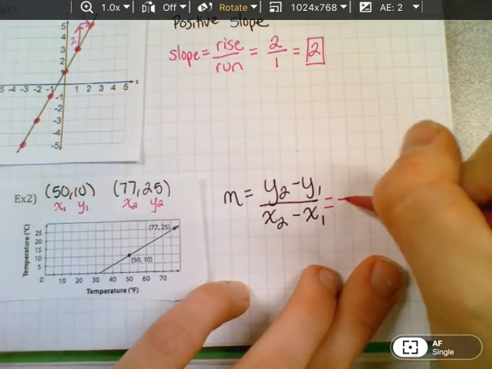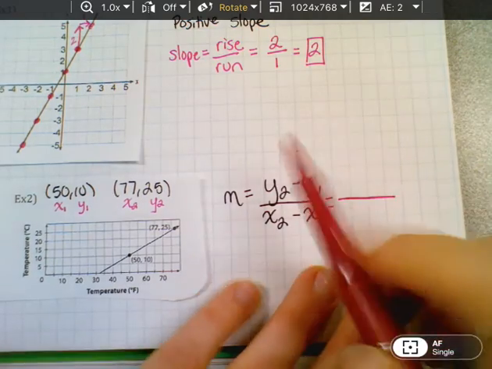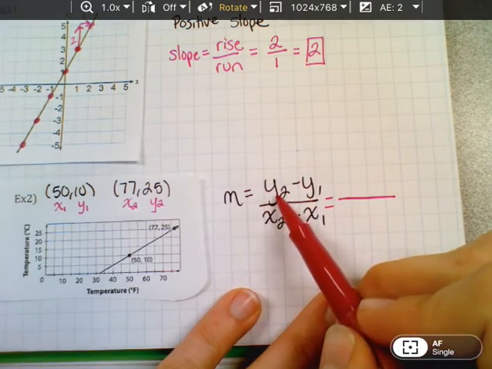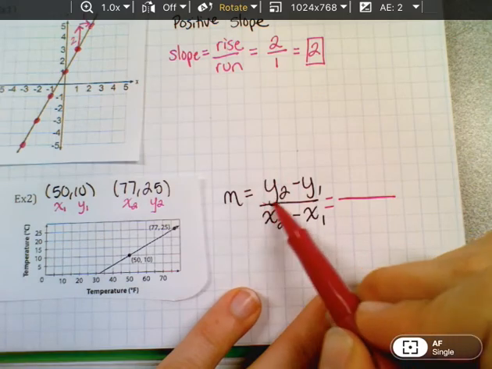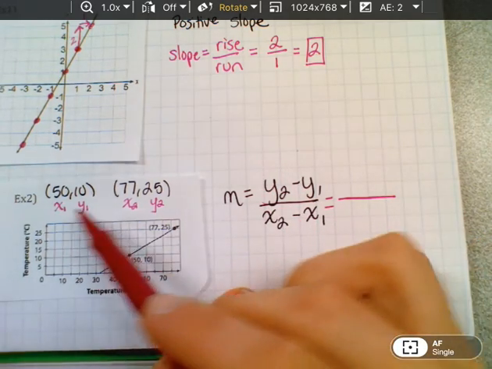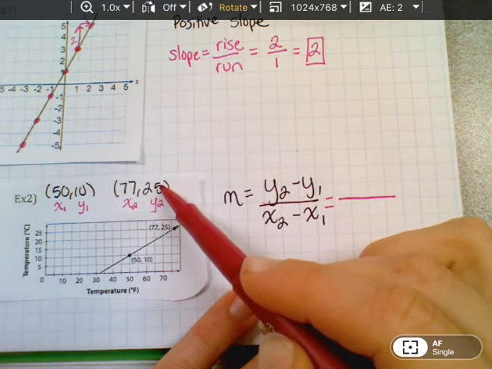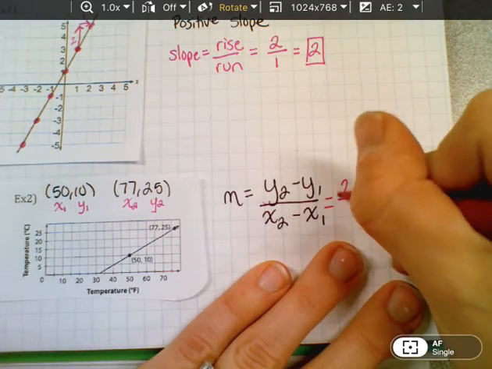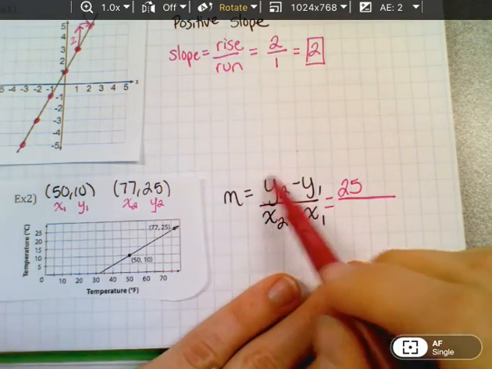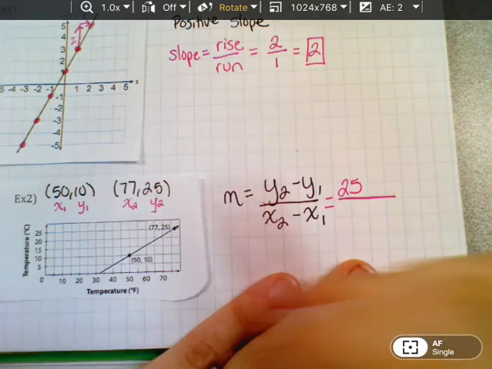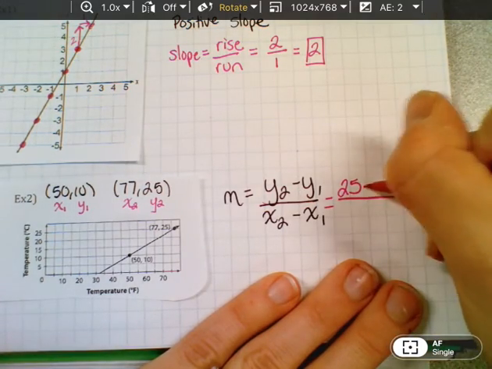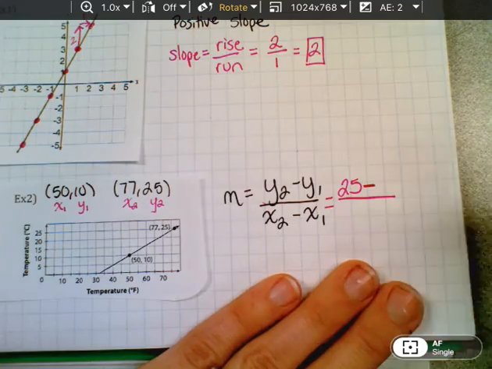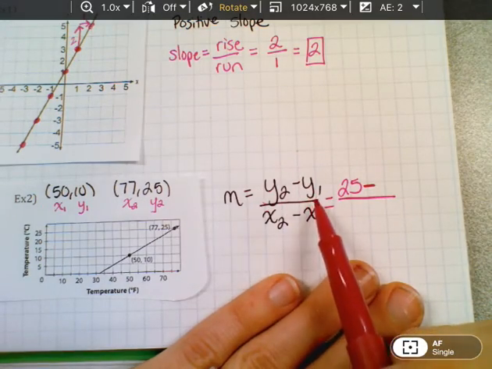So I'm going to give myself a fraction bar, and I'm going to go ahead and start by writing down y2. So y2 comes first. I come over here. There's the y2. It's under the 25. So 25 is my second y, the y for my second point. The minus belongs in your formula. You must write it down. y1 means the y for my first point.